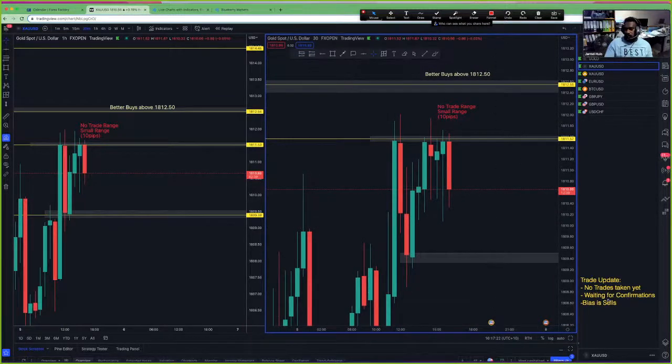Like I said, our bias is pretty much sells for today, based on how yesterday's candle closed. We're gonna look for sell entries only unless we come up above 1812.50. Then we're gonna look for buys. But otherwise, even though we're in this range, really gonna be looking for sells at this point.